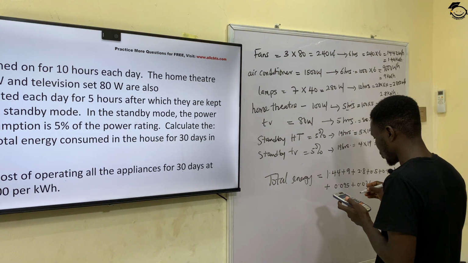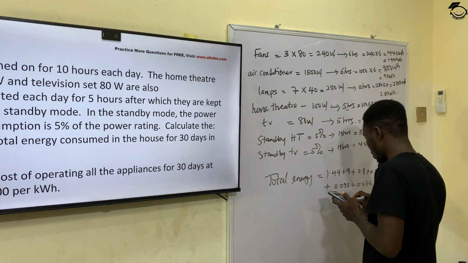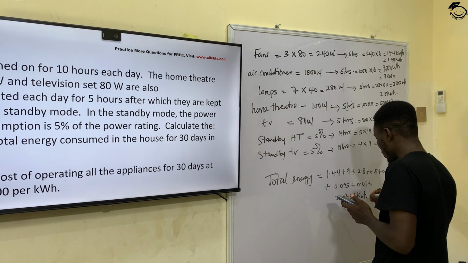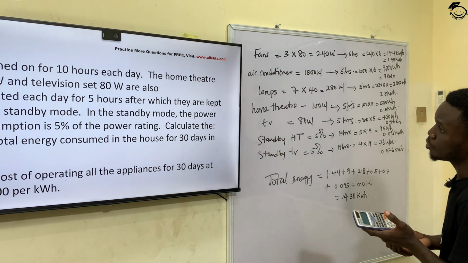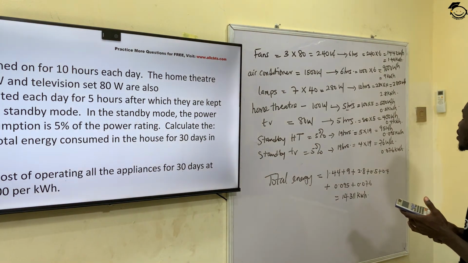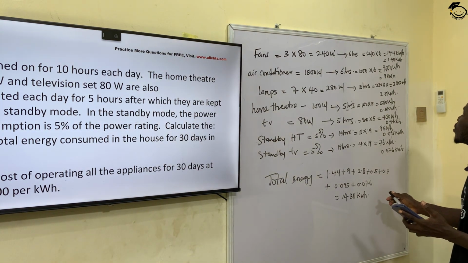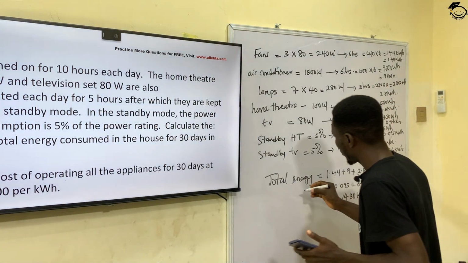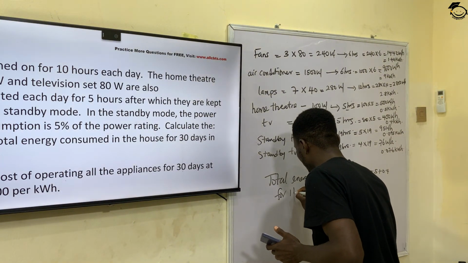So that will give me a total of 14.311 kilowatt hour. So it means that this is the total energy consumed for 1 day.